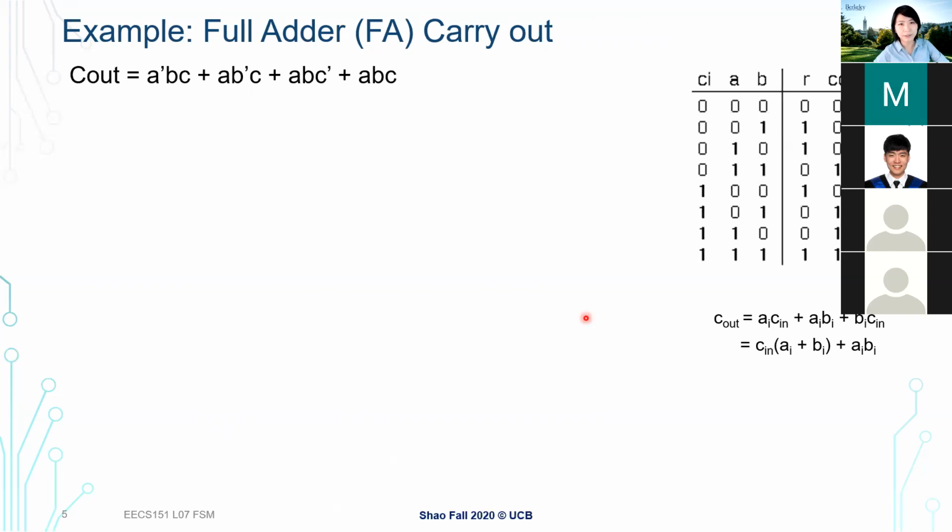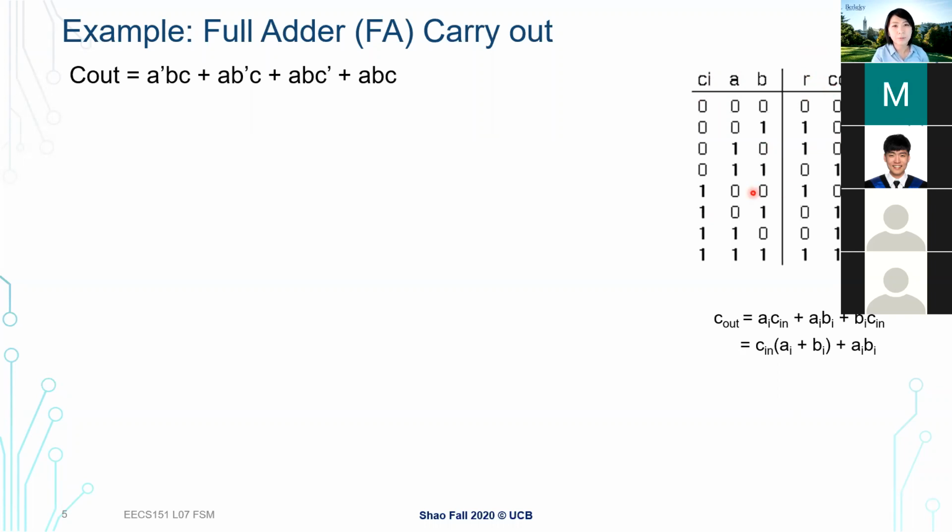I'm not going to go through this, but it will be a very interesting exercise for you to go through on your end. Like we talked about the full adder design and the carry out signal, the carry that we want to propagate to the next stage. In the truth table representation, here we list all the combinations of A, B and the carry in, and then R is the result and CO is the carry out.